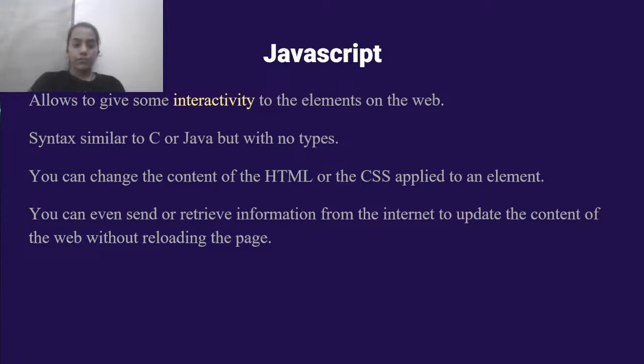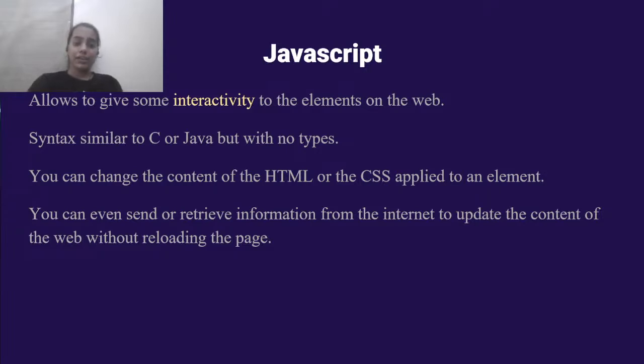So, as you can see, as I've told earlier, JavaScript allows us to give some sort of interactivity to the elements of the website. The syntax is similar to C or Java, but it doesn't have any types, and you can change the content of HTML or the CSS applied to an element using JavaScript.